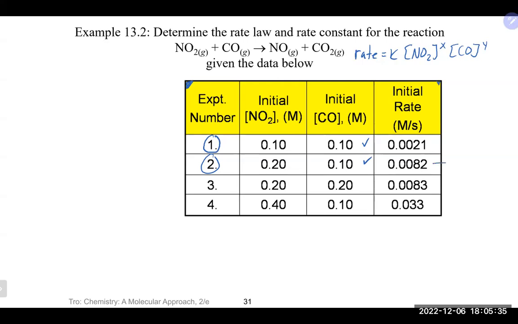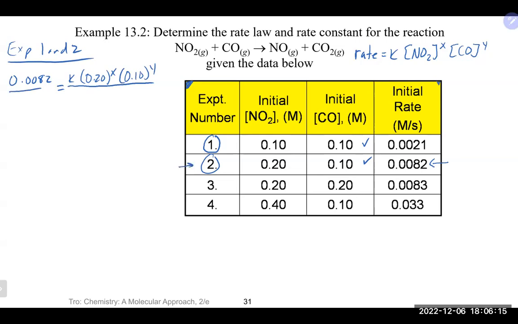For me, I'm going to do rate 2 over rate 1, and I'm going to put experiment 2 on top since it has the larger rate value. Everything for experiment 2 goes on top, which means we have k times our concentration of NO2, which is 0.2 to the X, and our concentration of CO, which is 0.1 to the Y. That is all the information from experiment number 2.